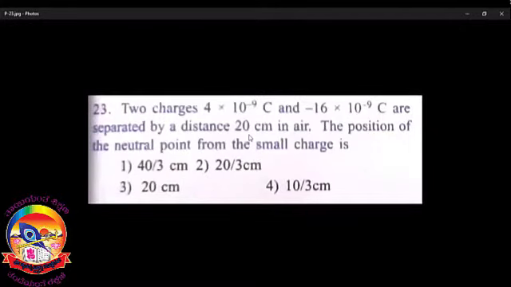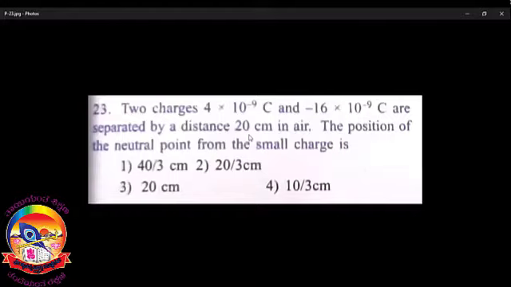Problem number 23. See what is given there? Two charges, 4 into 10 to the power of minus 9 coulomb and minus 16 into 10 to the power of minus 9 coulomb, are separated by a distance of 20 centimeter. Find the position of the neutral point from the small charge. Right?